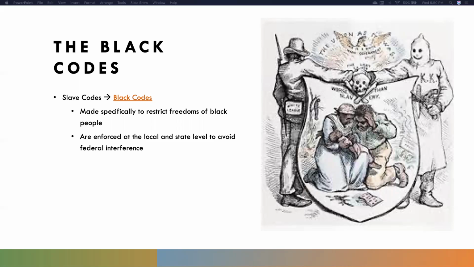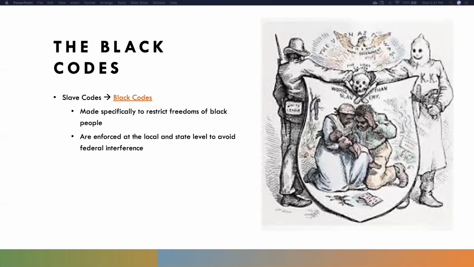That's not true. Not many people in the North were against racism. Most of the people in the North were racist. Some of you did use that topic for your last assignment and did a very good job on that. So even though they know that this is going on, doesn't mean that they really care.